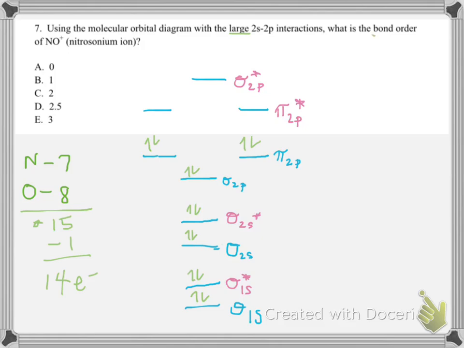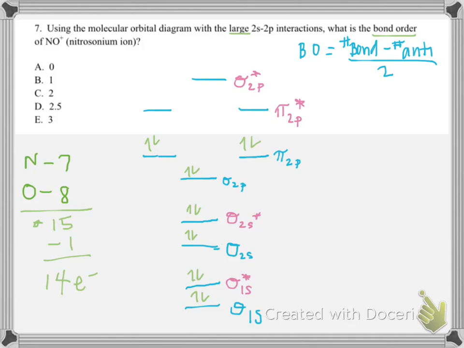So we have to think about bond order. So we can remember that bond order, or everyone's favorite abbreviation of BO, is equal to the number of electrons in bonding minus the number of electrons in anti-bonding orbitals divided by 2.